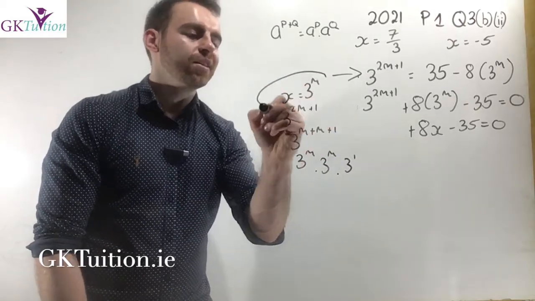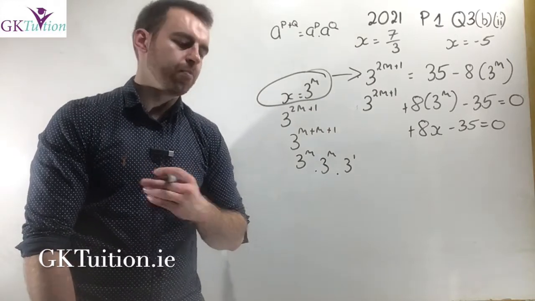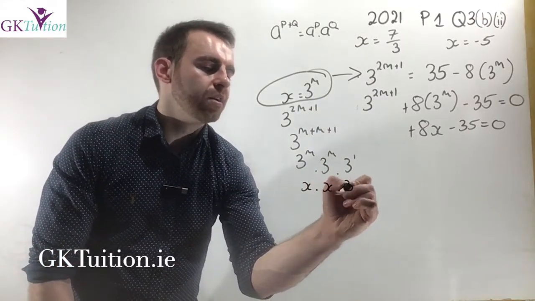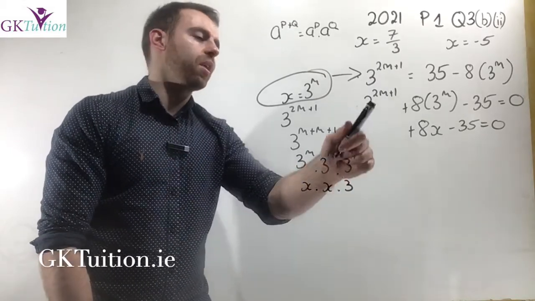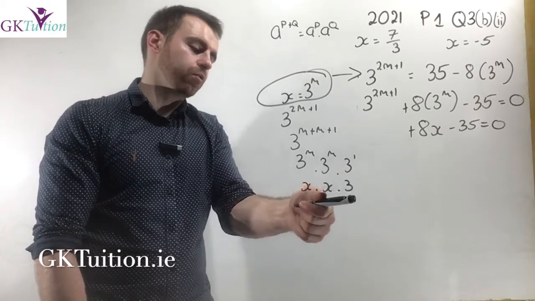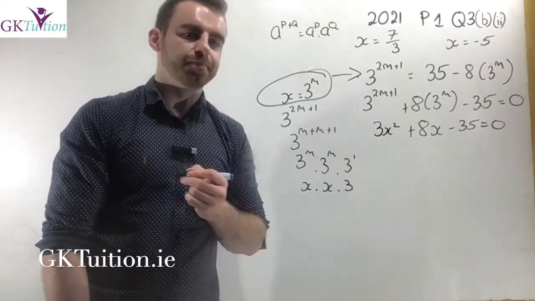But I decided that everywhere there's a 3 to the power of m, I'm going to sub in an x. So that means that this will become x times x times 3. So I started off with quite a complicated looking expression, but I'm just ending up with 3 times x squared, or in other words, 3x squared.